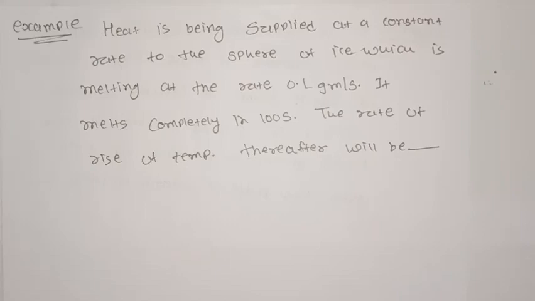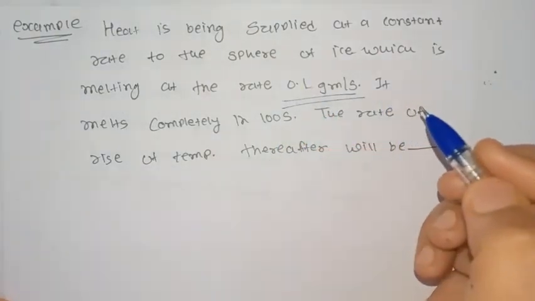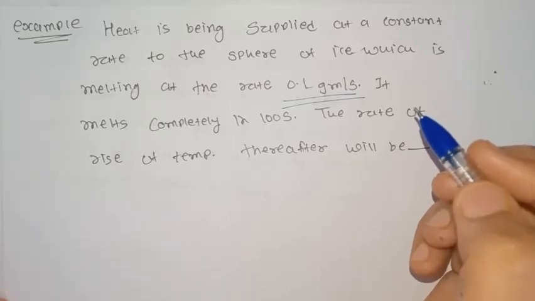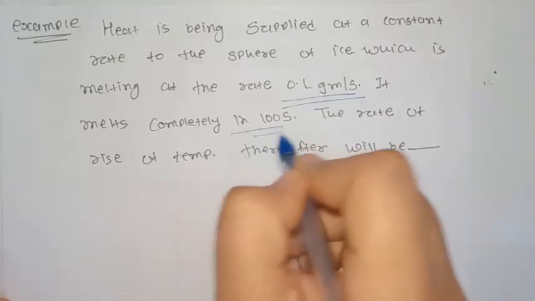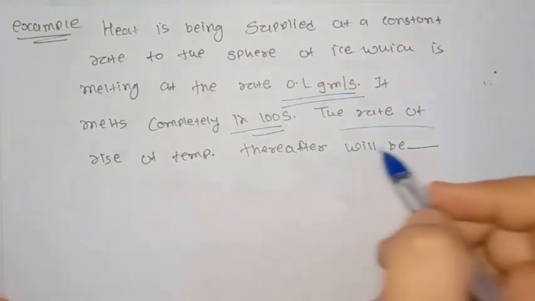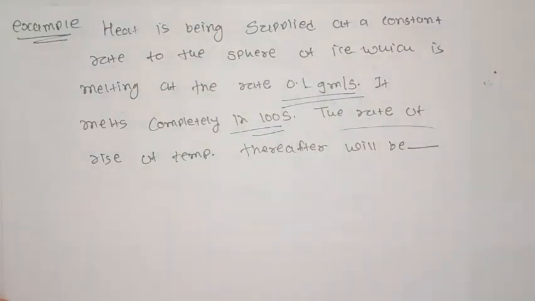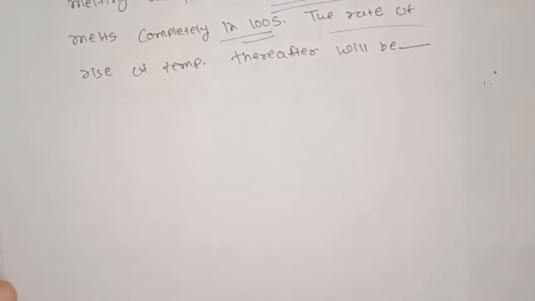In this example, heat is being supplied at a constant rate to a sphere of ice, which is melting at a rate of 0.1 gram per second. It melts completely in 100 seconds. We want to find the rate of rise of temperature thereafter. That means after melting, what will be the rate of rise of temperature?